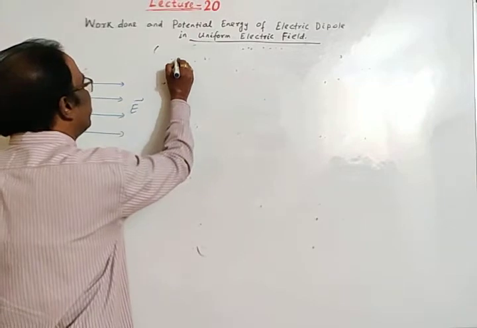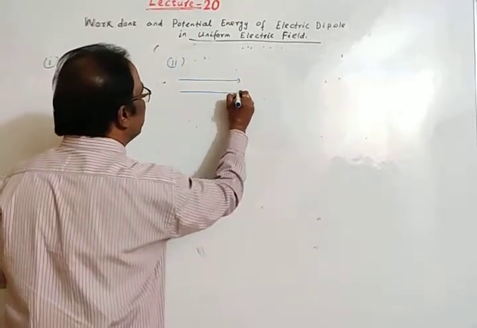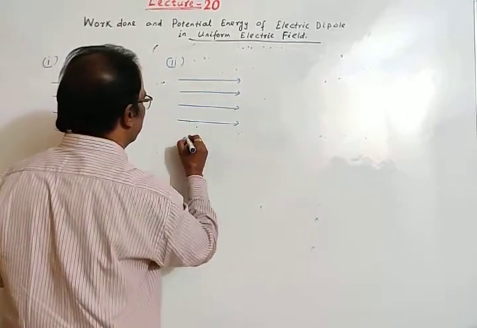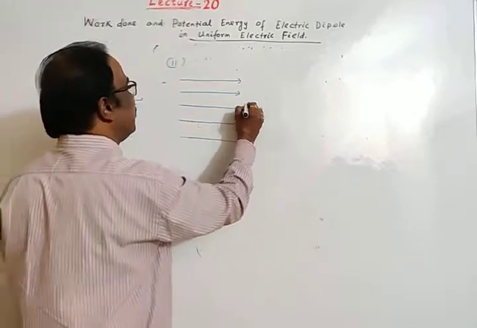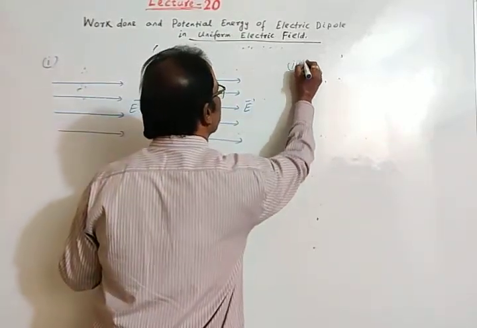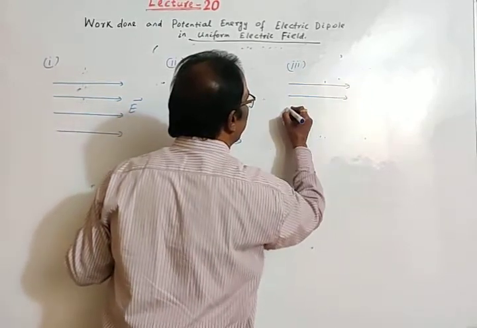Case 2, this is a uniform electric field E. Third position, this is the representation of a uniform electric field E.